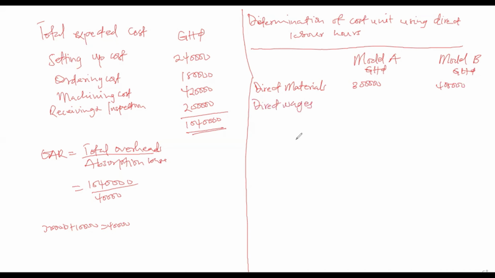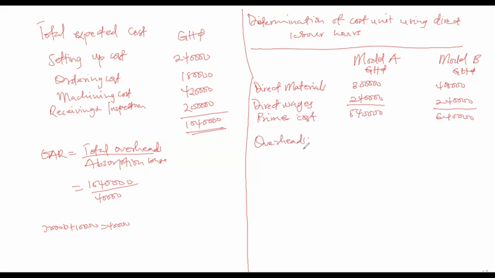Direct wages, we have 240,000 for module A. We also have 240,000 for module B. So when we add this, we have 540,000. We have 640,000. That is all our prime costs. That is what we call our prime costs. Our direct cost is called our prime cost. Then we come to the overheads.